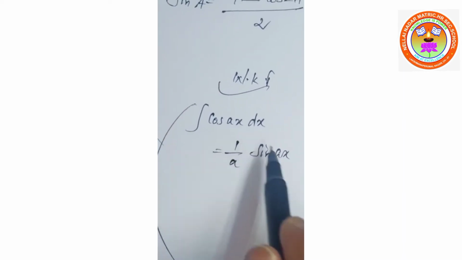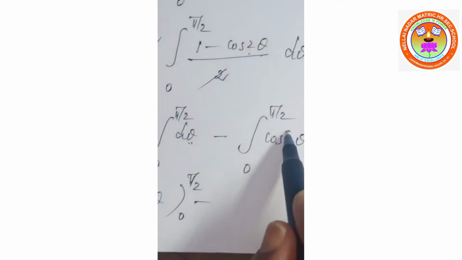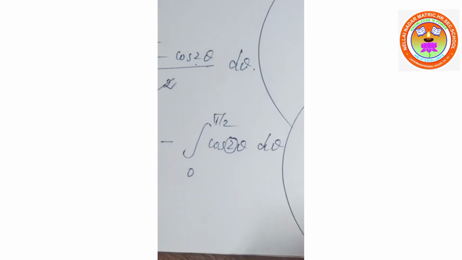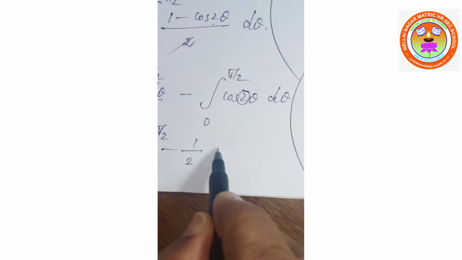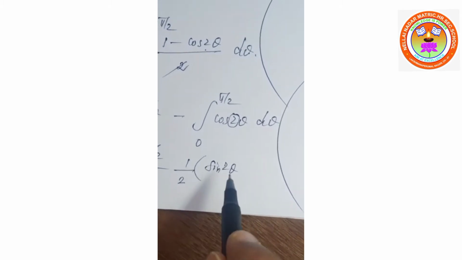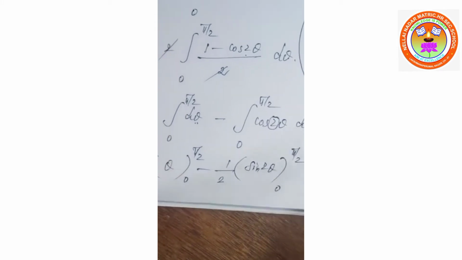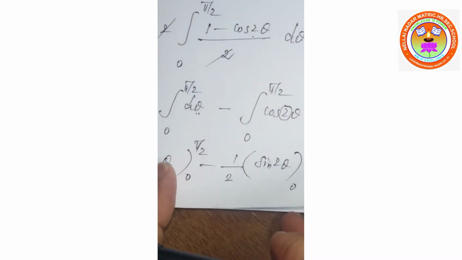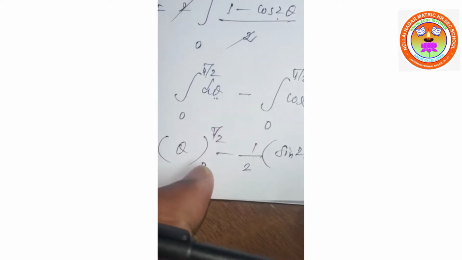Here a is the coefficient of x. What is the coefficient of x here? 2. So according to that formula, 1 by a, that is 1 by 2, sin 2 theta. Integration is over. Limit 0 to pi by 2. Now we have to apply the limits. First the upper limit, then the lower limit. Replace theta by pi by 2. So pi by 2 minus the lower limit 0. So pi by 2 minus 0.